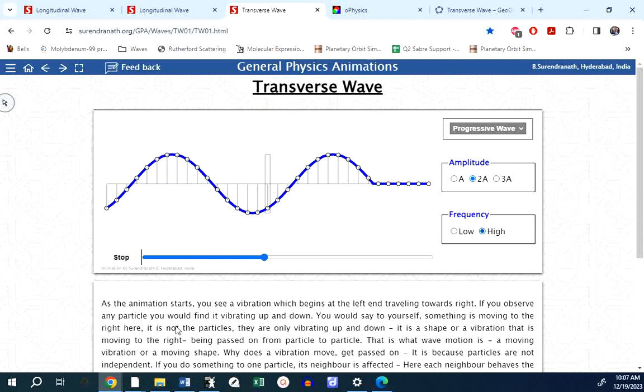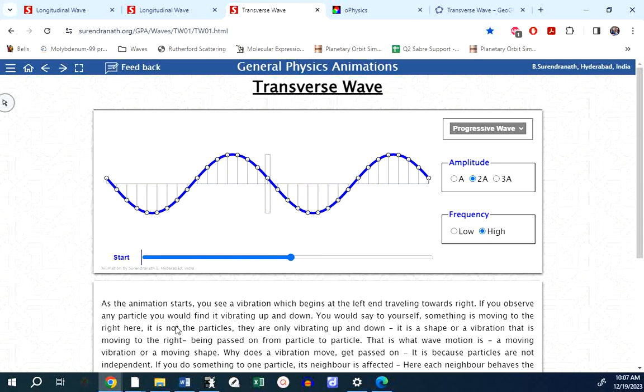If I were to freeze this at any point in time, there's always going to be a place on the wave that is as far above the equilibrium position as there is a part of the wave that's as far below. And the maximum displacement occurs right here, and that's why this would be called a crest. This would be called a trough. They're both maximum displacements. It's just that one is above and one is below.